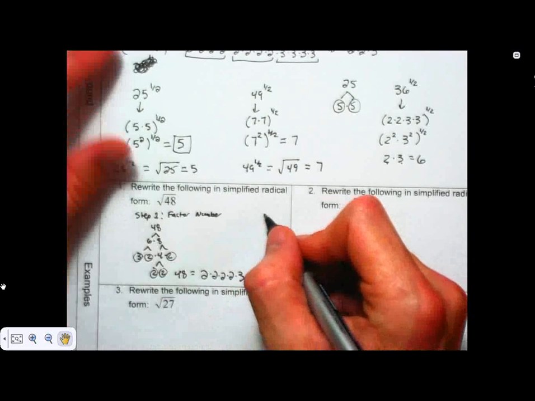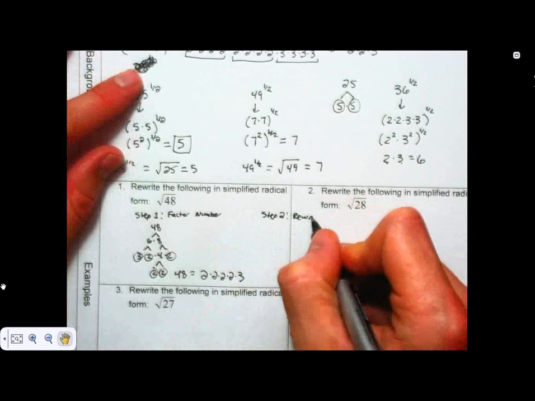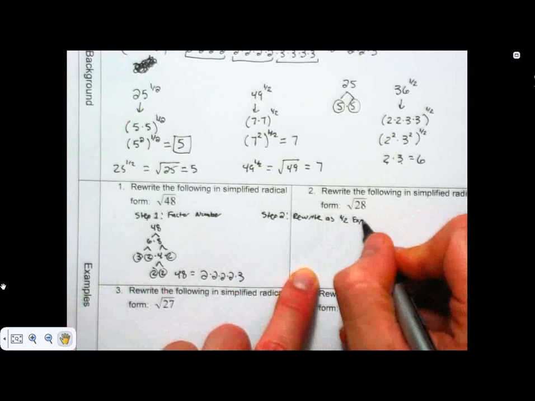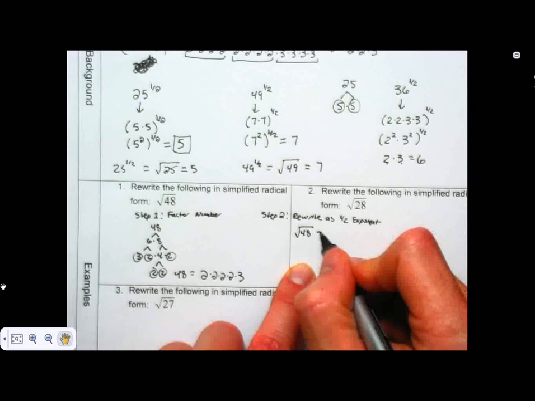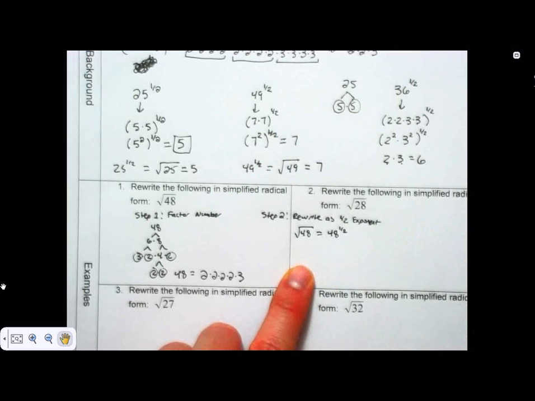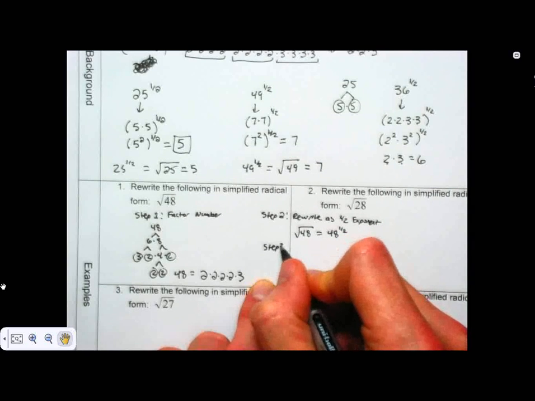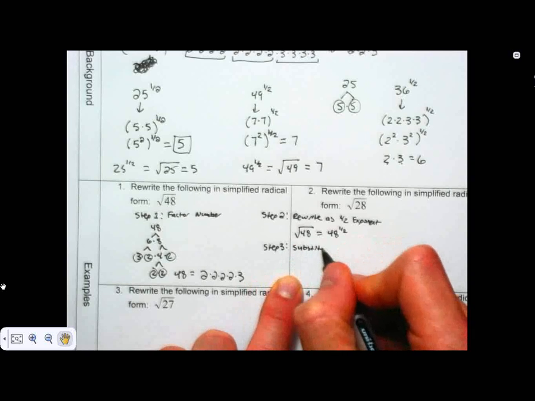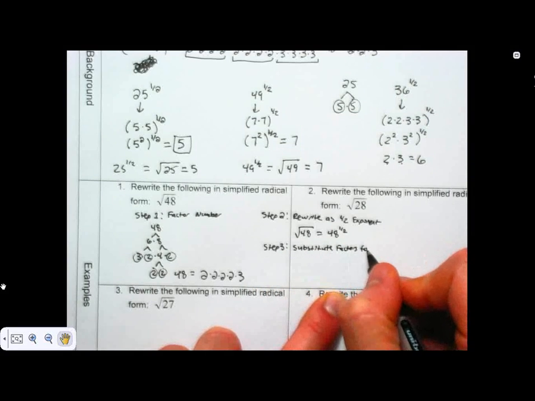Okay, step 2 in the process is to rewrite as a 1/2 power. So the square root of 48 is nothing more than 48 to the 1/2 power, as we just found out. Step 3 then is to substitute factors for 48.